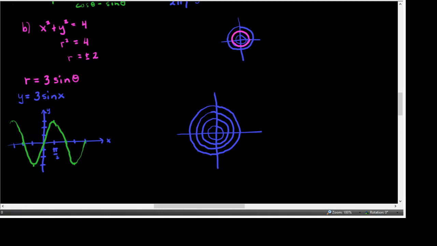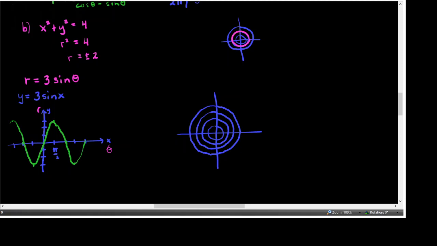Anyhow, so let's start with the very first point we graphed in the xy version of this, 0, 0. So that means, and keep in mind, the theta is the x value and r is the y value. So kind of keep that in your head.